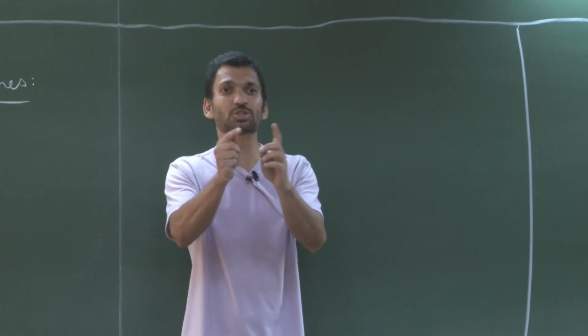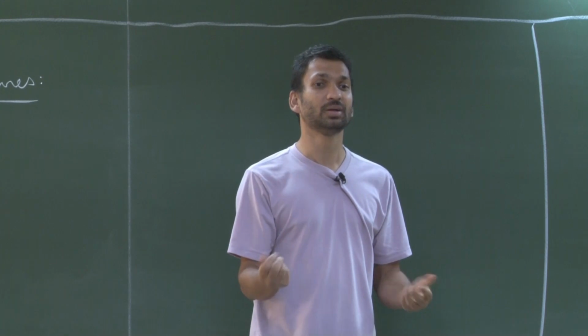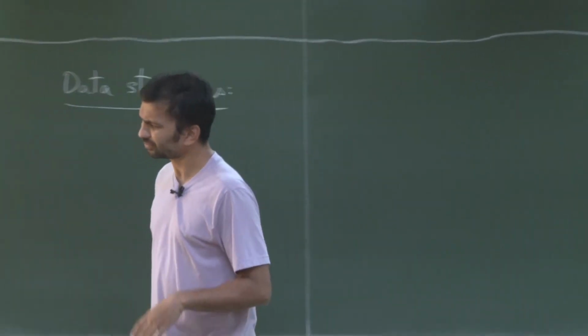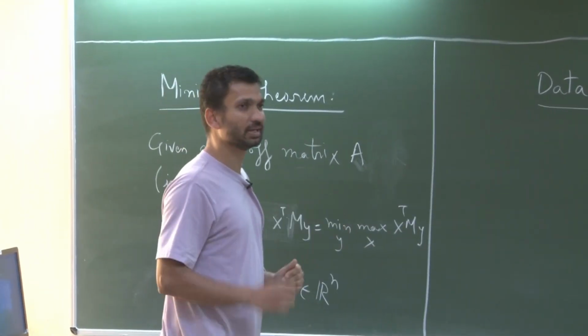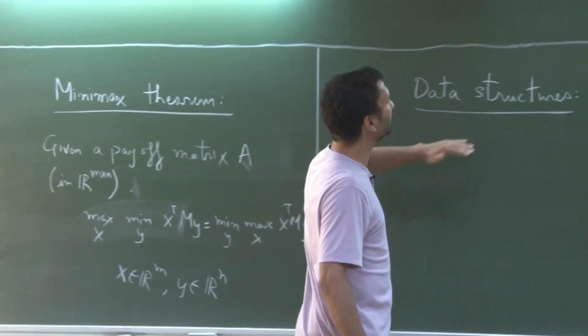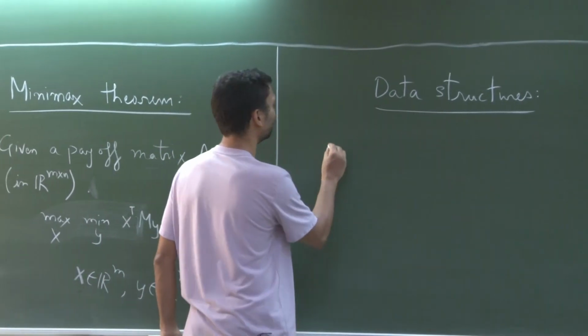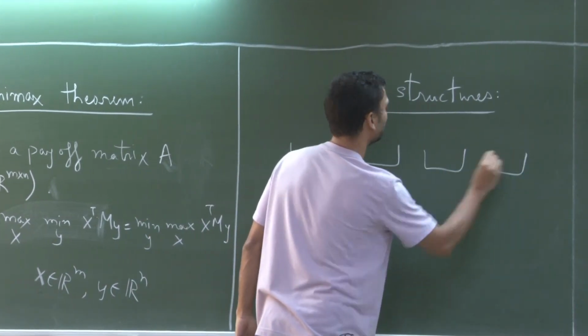We want to efficiently store our data so that some questions, some algorithms can be answered quickly on that structured data. A very simple model, don't worry about complicated data structures, is that I am storing my data in memory cells.